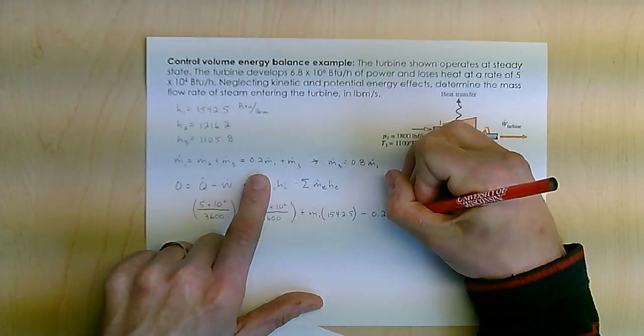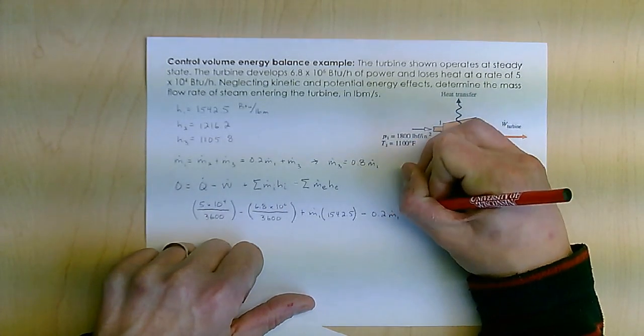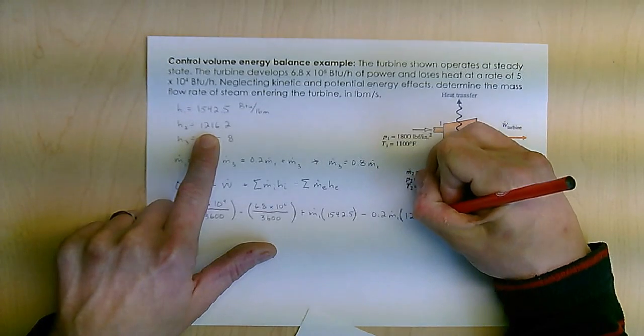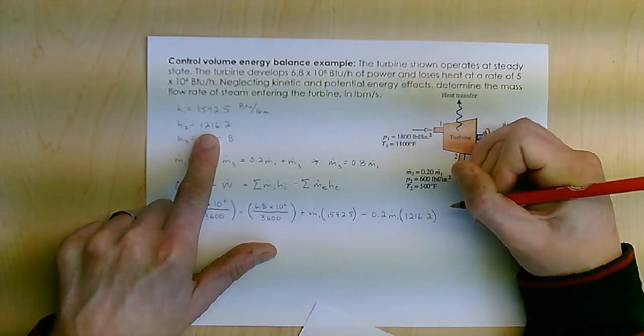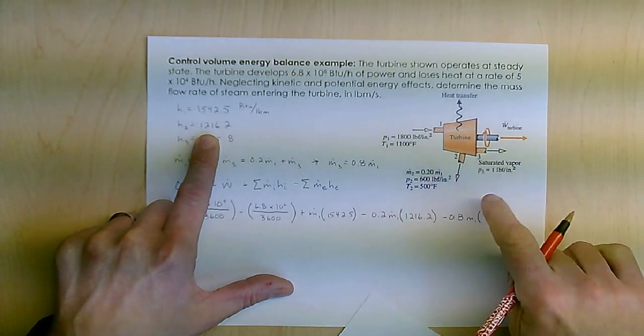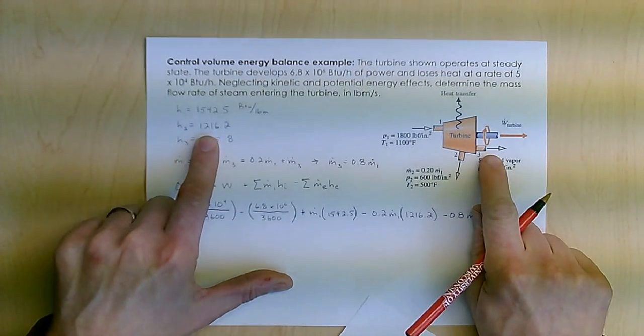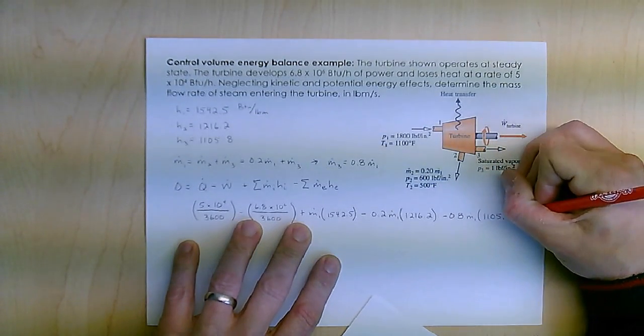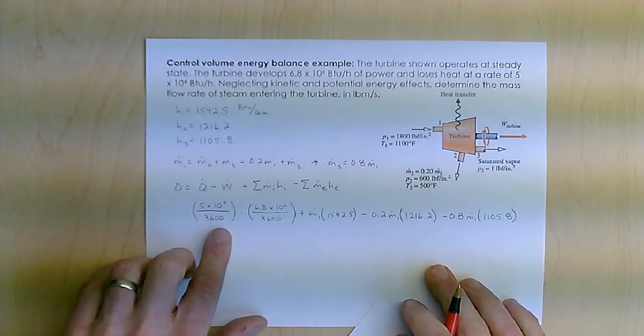I got 0.2 mass flow 1. That is for H2, so that'll be 1216.2 minus 0.8 mass flow 1 times, again, that's how much is flowing out at state 3, which is 1105.8. So I've got a big equation.